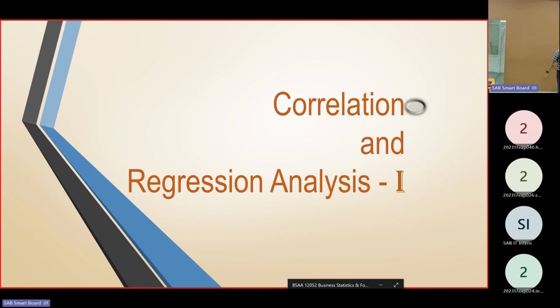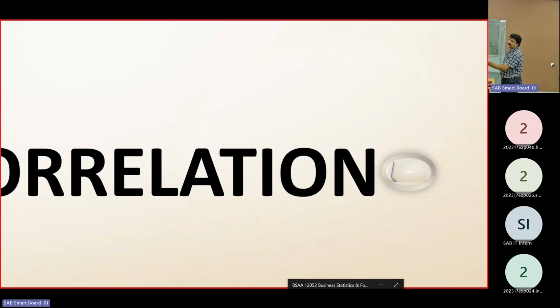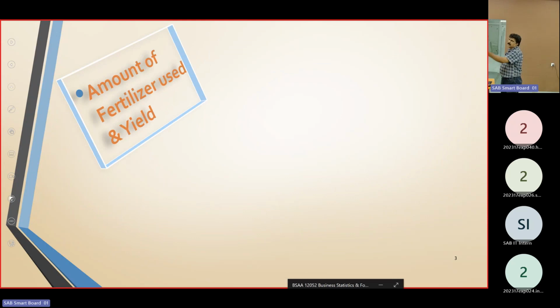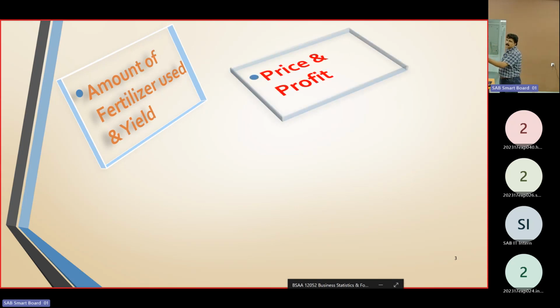So underneath we can put down this way. Consider the following pairs of variables. We'll put it in bullet points. First bullet point: amount of fertilizer used and yield.